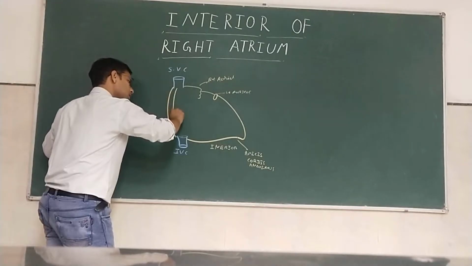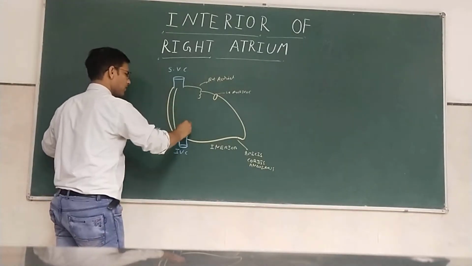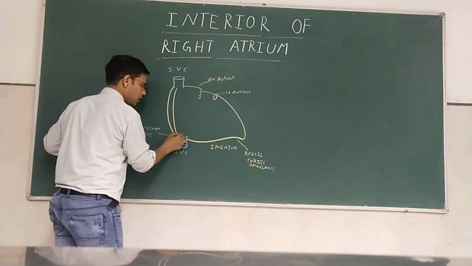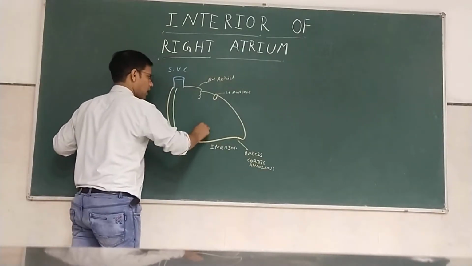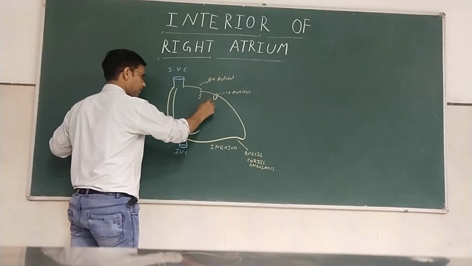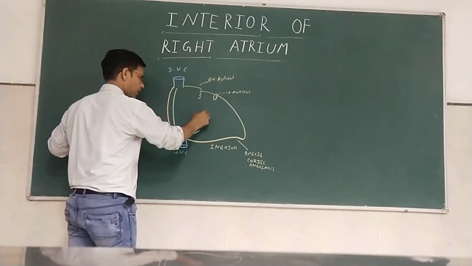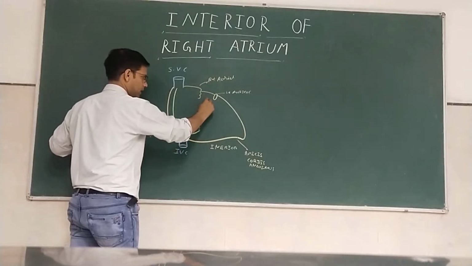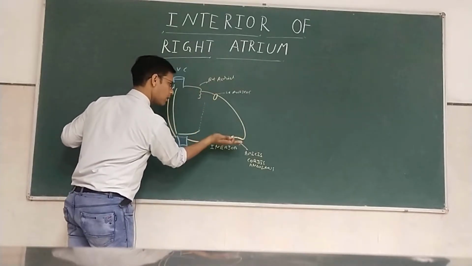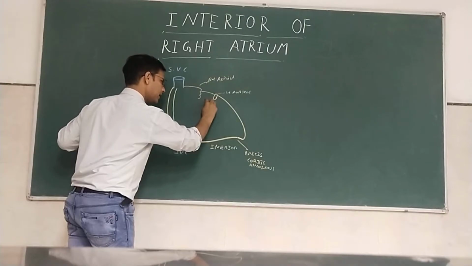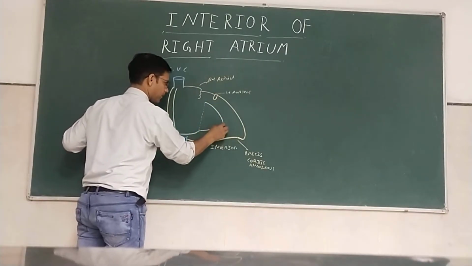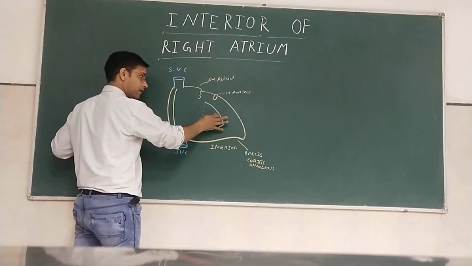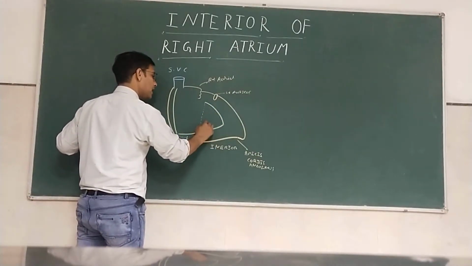Suppose this is the part, here is the section, and from this section I am drawing like this, and a flap like this. This flap is reflected toward this side. This is not part of the left atrium.